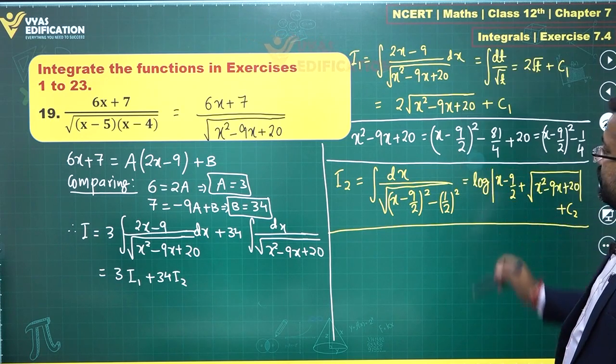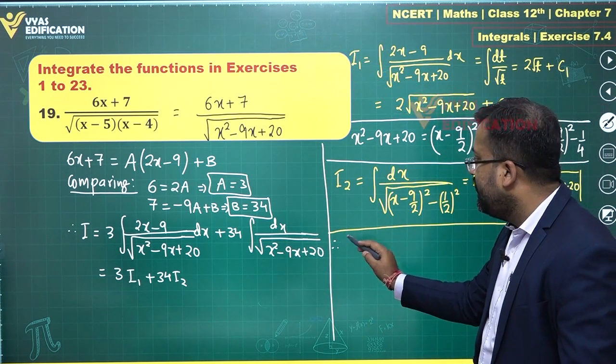Once you have found I1 and I2, now I can write the value of I. Therefore, I is equal to what?